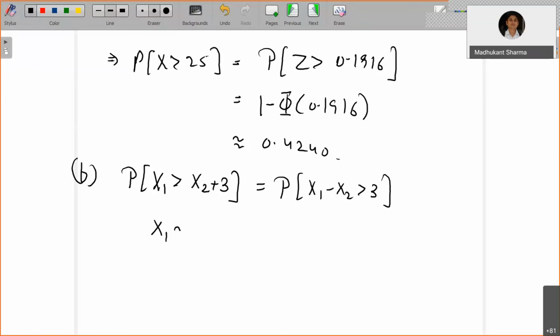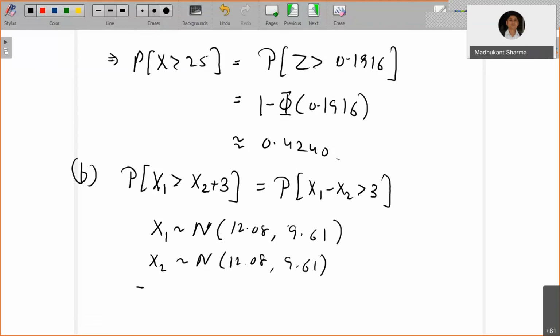Okay, so x1 is normal and x2 is also normal. So x1 follows a normal distribution with mean 12.08 and variance 3.1 squared, which is 9.61. X2 follows a normal distribution with 12.08 and 9.61.